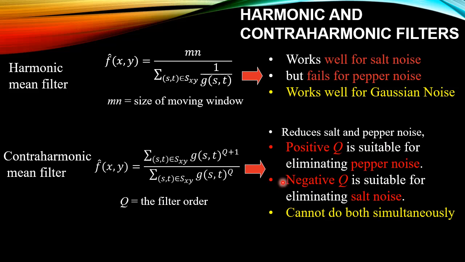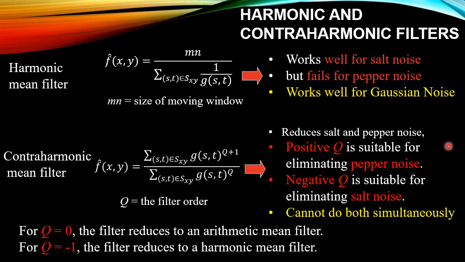You can remove either salt noise or pepper noise depending on the value of Q. If it is positive, it will eliminate pepper noise; if it is negative, it will remove salt noise. For Q equal to 0, the filter reduces to an arithmetic mean filter, and for Q equal to -1, the filter reduces to a harmonic mean filter.